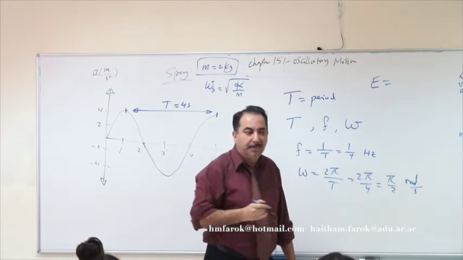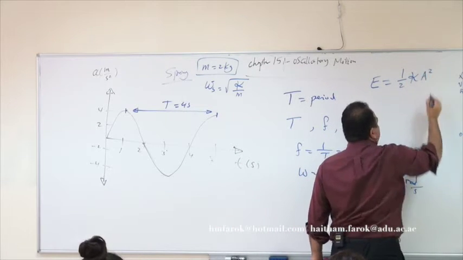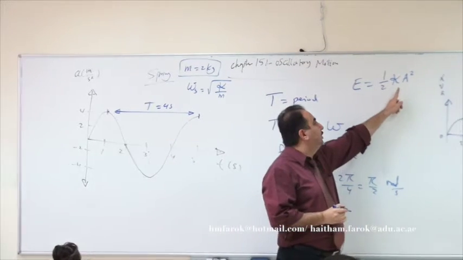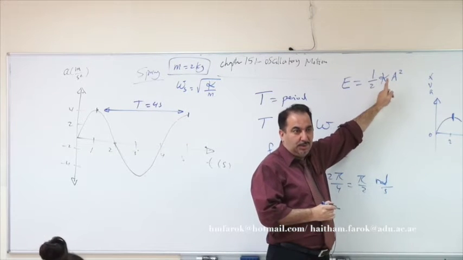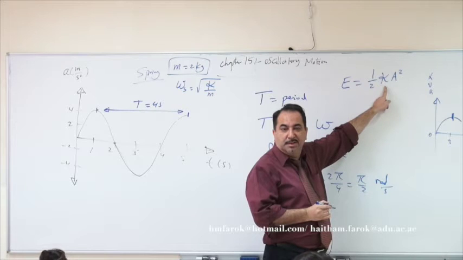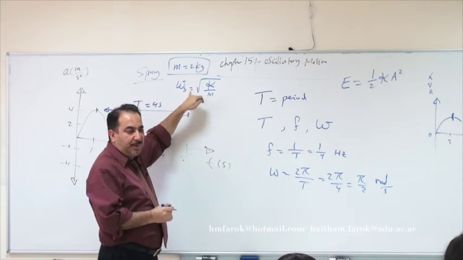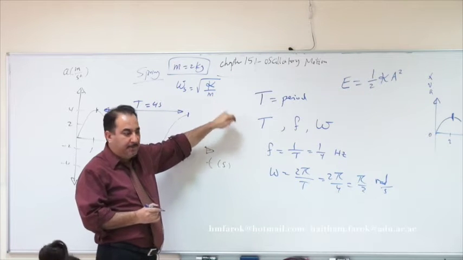E equals half kappa amplitude squared. So for energy, you need spring constant and amplitude, yeah? So how do you find the spring constant? Omega for a spring is the square root of kappa over m, all right?